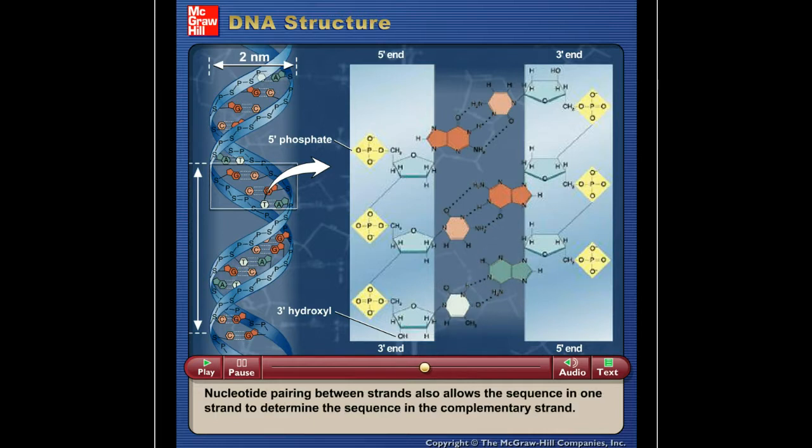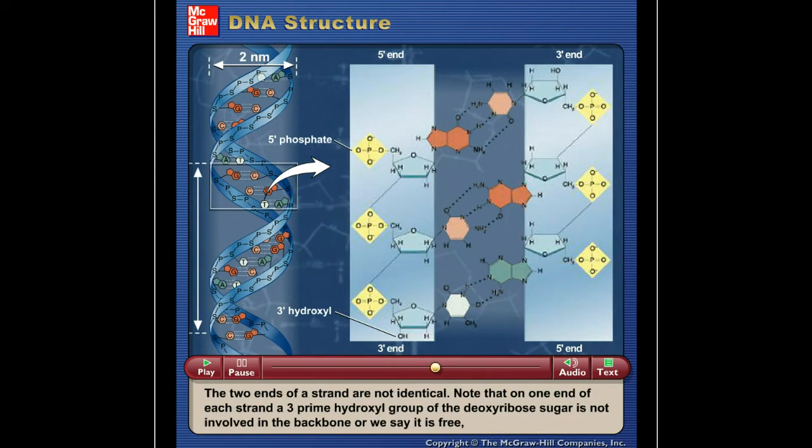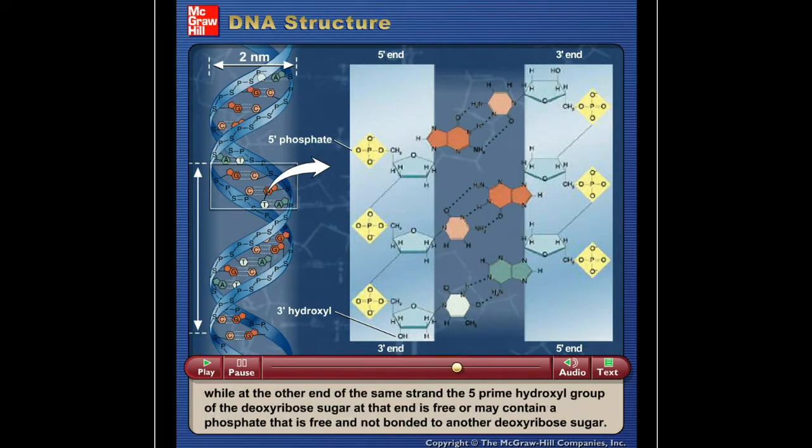Nucleotide pairing between strands also allows the sequence in one strand to determine the sequence in the complementary strand. The two ends of a strand are not identical. Note that on one end of each strand, a 3' hydroxyl group of the deoxyribose sugar is not involved in the backbone, or we say it's free, while at the other end of the same strand, the 5' hydroxyl group of the deoxyribose sugar at the end is free or may contain a phosphate that is free and not bonded to another deoxyribose sugar.